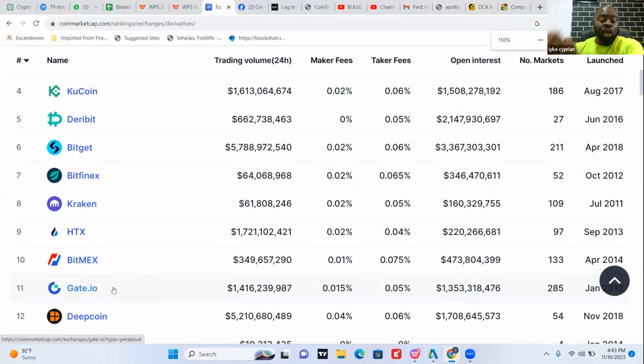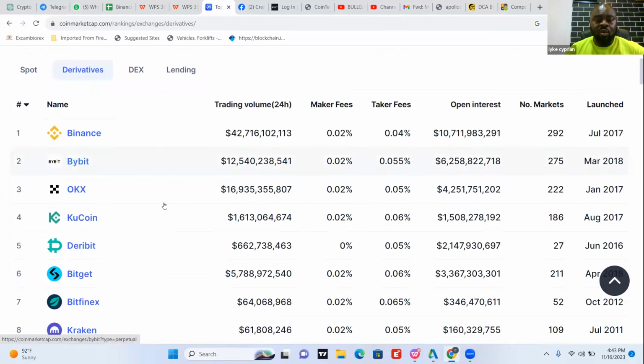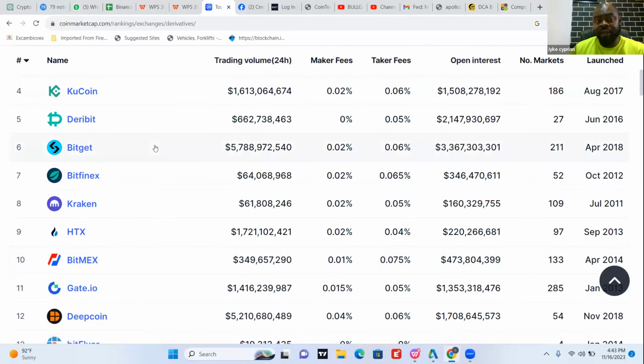So what does that tell you? We are in the top 11 exchanges, okay? We have over 600 exchanges, okay? Out of over 600 exchanges, we are making use of the top 11, okay? We have the first three exchanges, which are Binance, Bybit, OKX, followed by BitGet and Gate.io, okay?